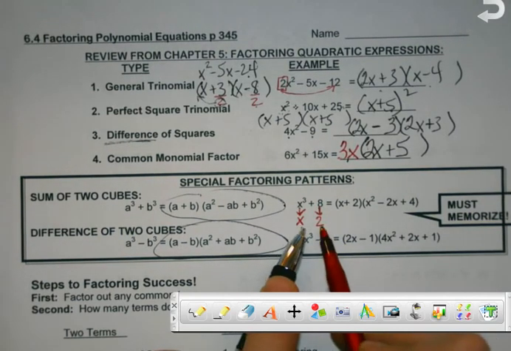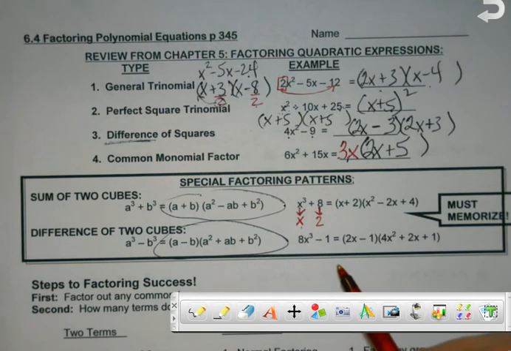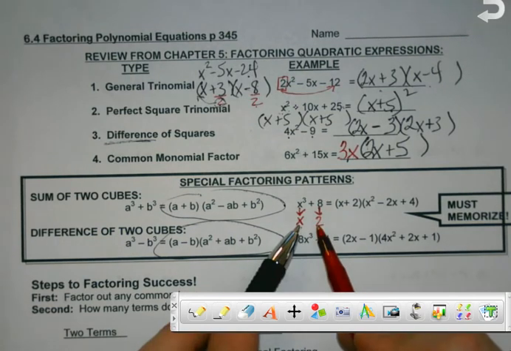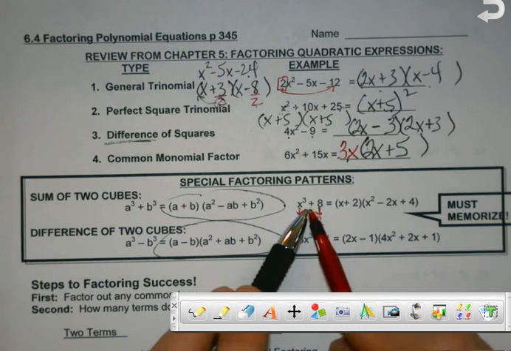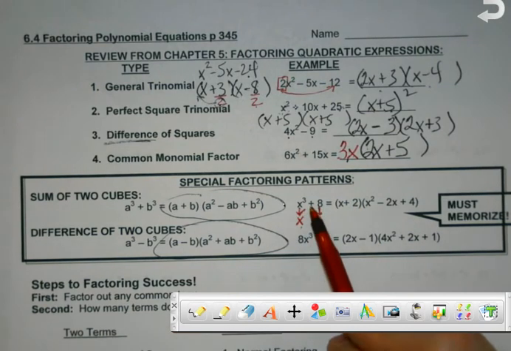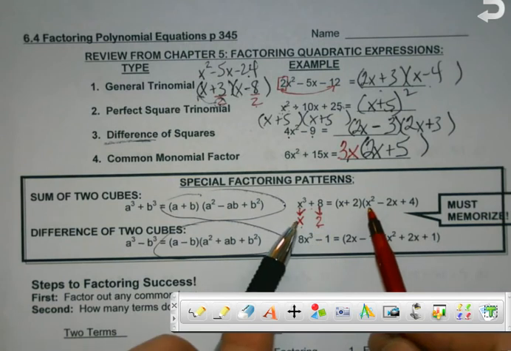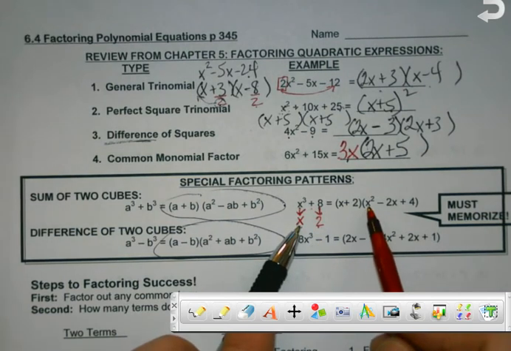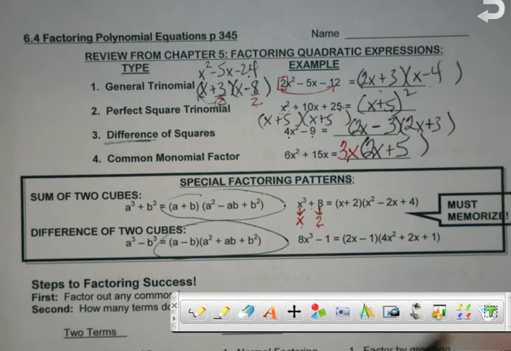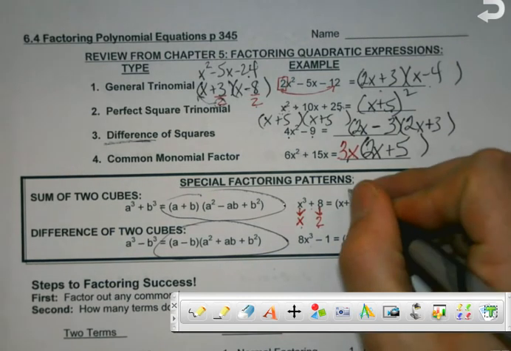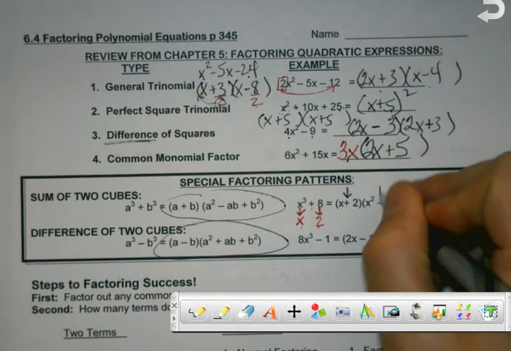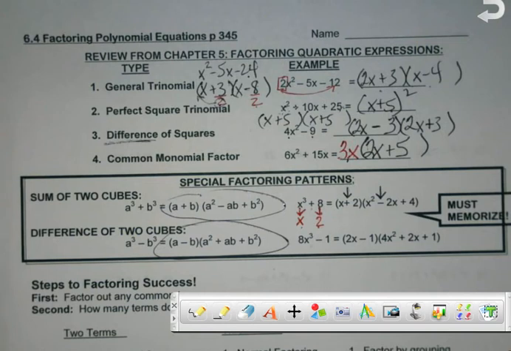Okay, first term and second term. When I'm going to put this into its factored form, I take my two terms, and I add or subtract based on the sign in the middle. So since this is plus, it'll be x plus 2. Then when I get here, I square my first term, so x squared, minus. Here's one thing I gotta be careful for: these two signs will always be opposites.